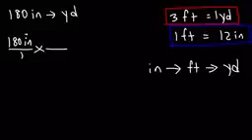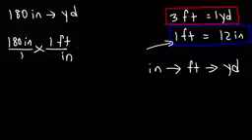Next, since we have inches on top, we're going to put inches on the bottom, and then put feet on top. So using the first conversion factor, we know that there's 12 inches in a foot. So we're going to put the same numbers next to the corresponding units. So now the units inches will cancel, and here we have units of feet.